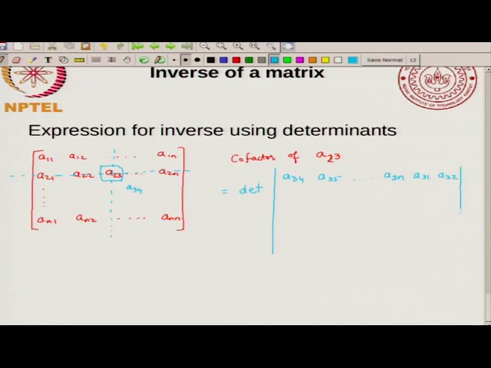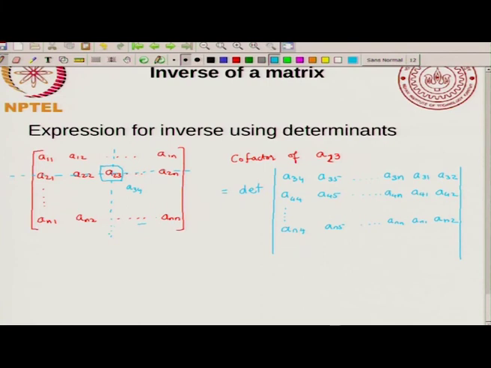In the next row you will have A44, A45, all the way up to A4n, A41, A42. Then you go all the way up to An4, An5, Ann, An1, An2. That is the last row.